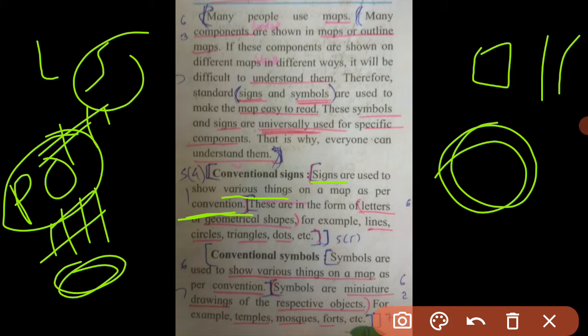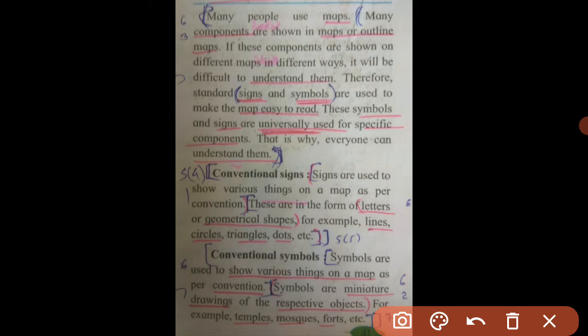And conventional symbols? Symbols are used to show various things on a map as per convention. See the difference between these. Signs are used, symbols are used to show various things on a map as per convention.